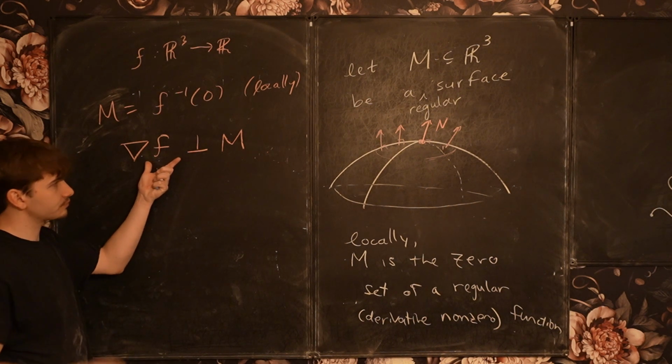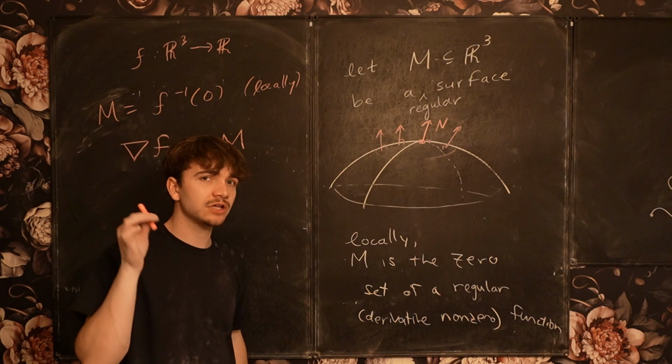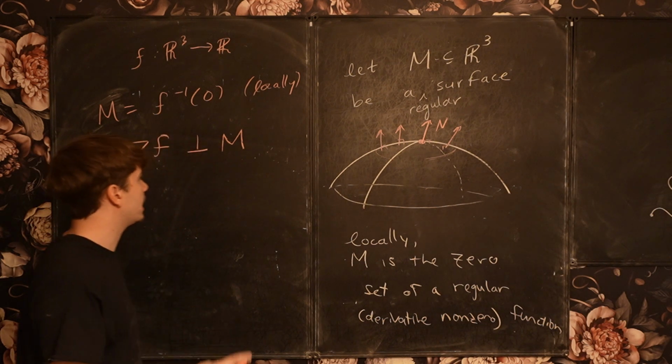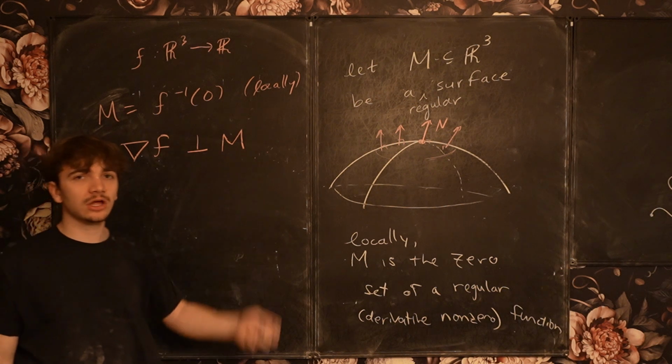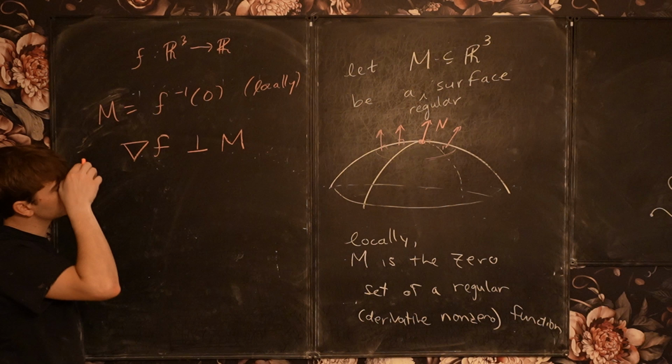And why is it orthogonal to M? Well, the gradient of f is the direction in which f is changing the most. Okay? But f does not change along M. f is identically equal to 0 along M. Okay?